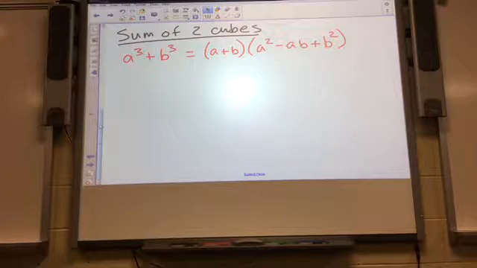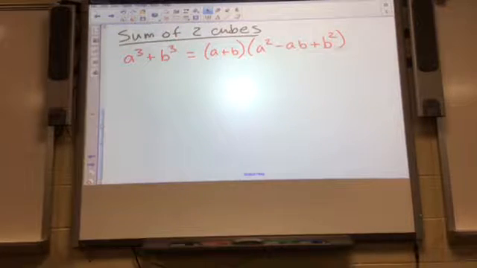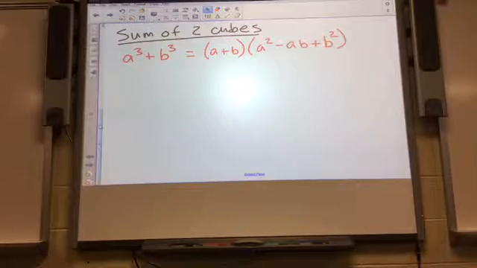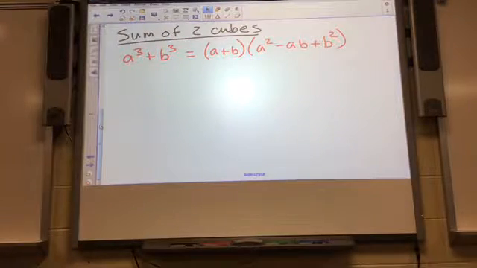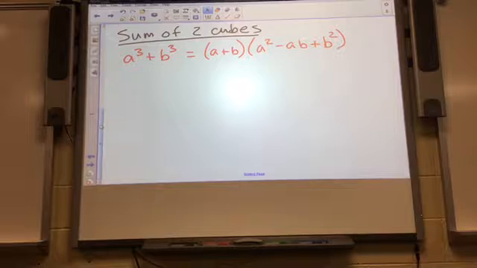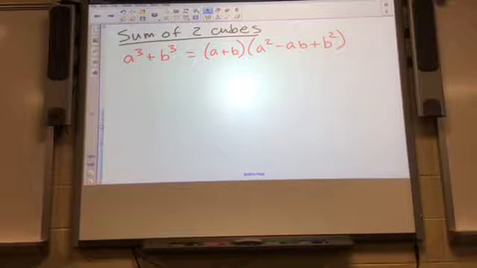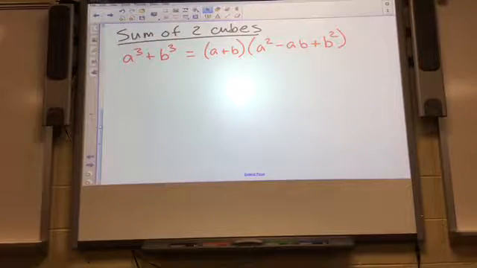I'll do an example here in a second, but it will always factor into that. So do you still need to figure out what your a and your b is? Yes, probably more so here even than with your difference of two squares, because you have to plug it in a lot of places. So that's the first thing I would always do: make sure you know what your a is and what your b is.